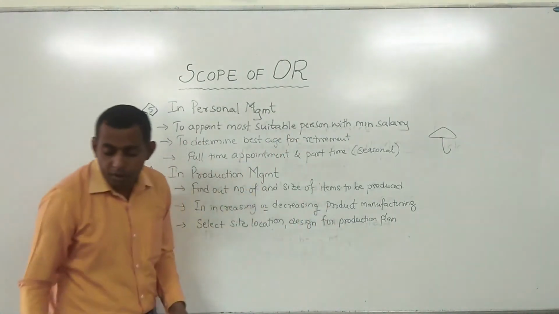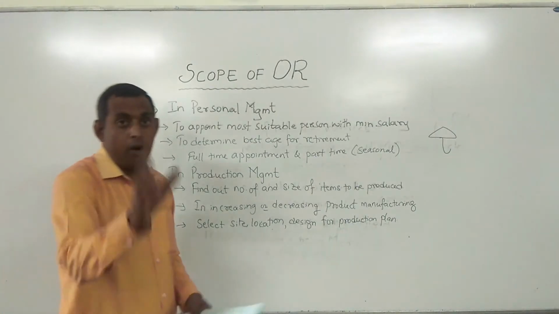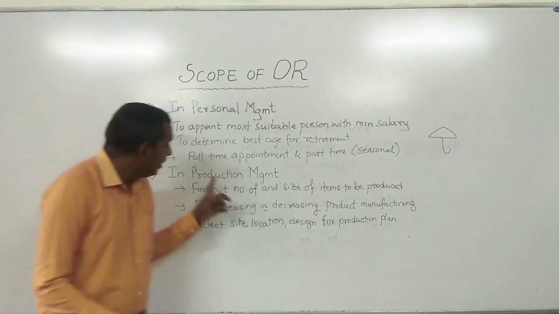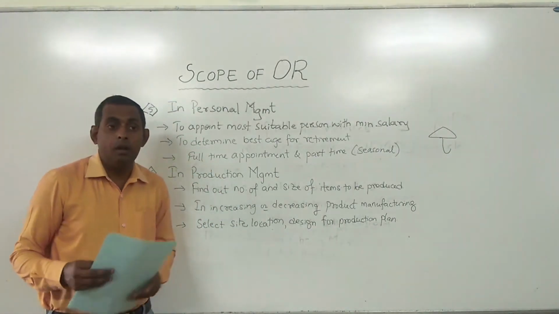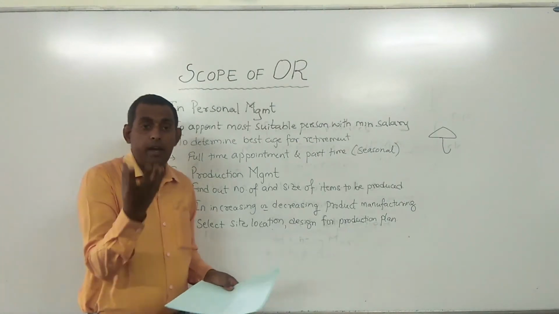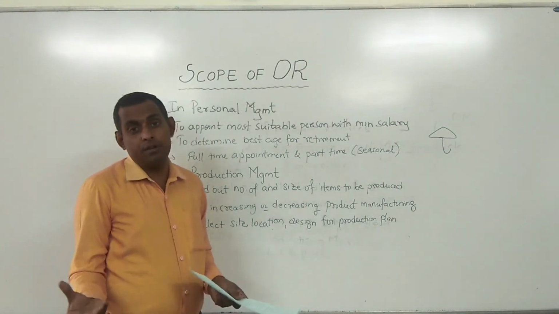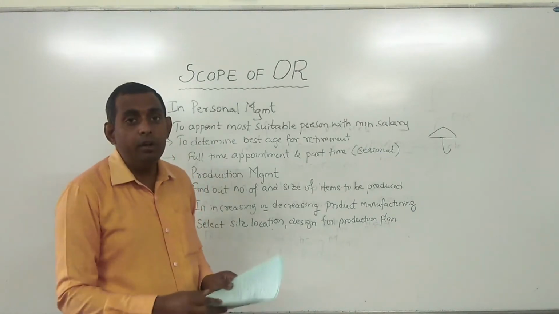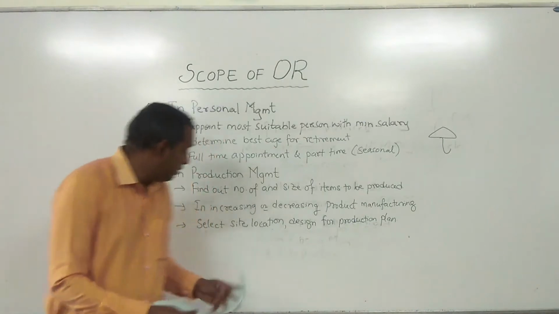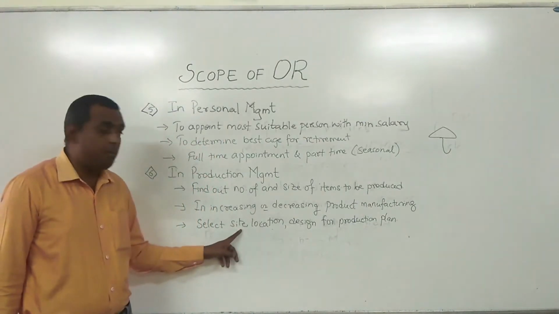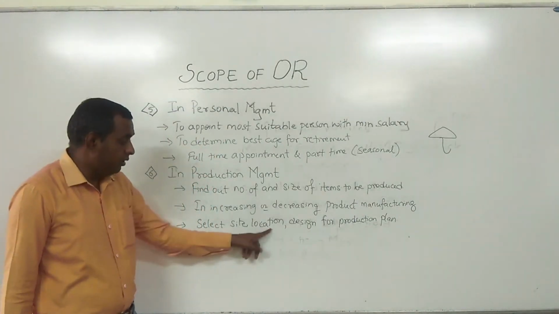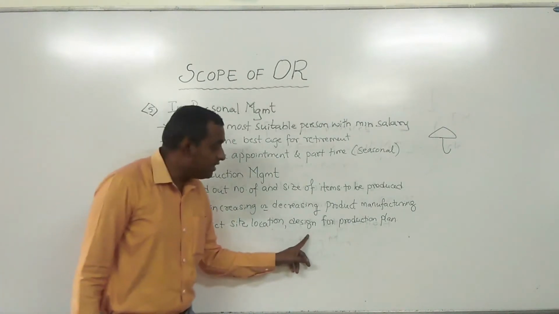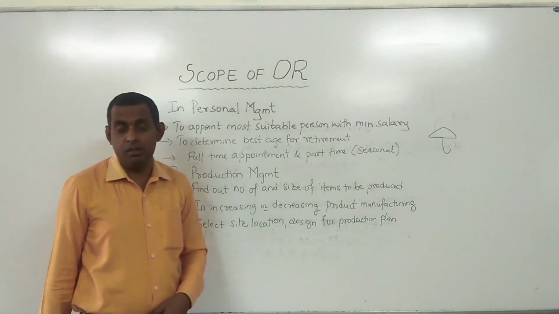This is also a very important area we need to think of in production management, where we have to set up our business. I mean to say, the business plan is very important, so that we select the right location, right site, right design for the production.